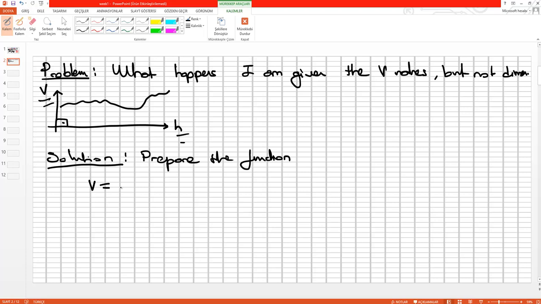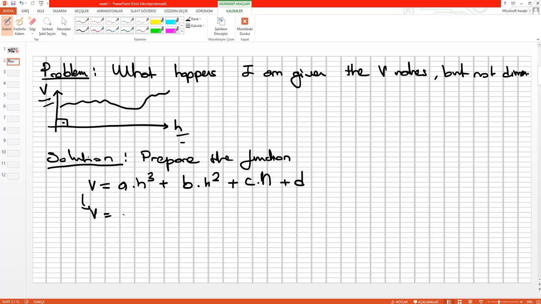V equal to, for example, a h over 3, b h over 2, c h, and plus d. This could be the formulation of the V value. And so how can you treat this information? We can convert it to the root domain, right? Just like this one.